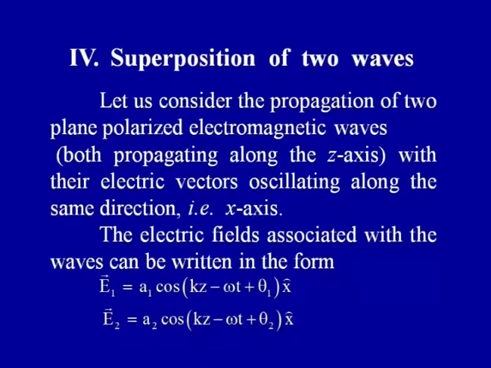The electric fields associated with the waves can be written in the form E1 equal to A1 cos of kz minus omega t plus theta 1, and E2 which is A2 times cos of kz minus omega t plus theta 2.